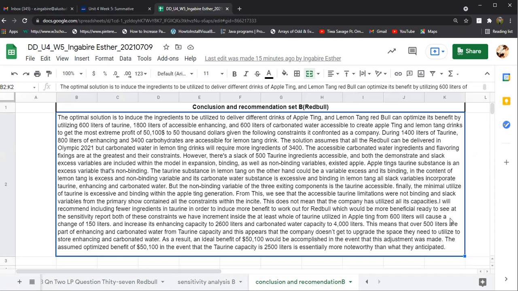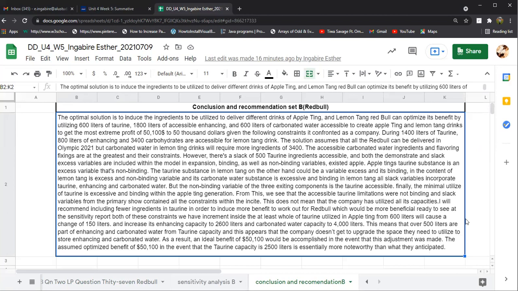We see that there's a change of 150 liters and an increase of capacity of 2,600 and carbonated water capacity to 4,000 liters. This means that over 500 liters are part of enhancing carbonated water from taurine capacity, and it appears the company doesn't need to upgrade or increase the space to utilize this.